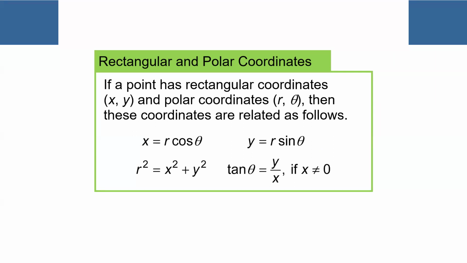Okay? If a point has rectangular coordinates x, comma, y, and polar coordinates r, comma, theta, then the following is true. We've learned before that x equals r times cosine theta, correct? We've learned before that y equals r times sine theta. We've used the Pythagorean theorem, r squared equals x squared plus y squared.